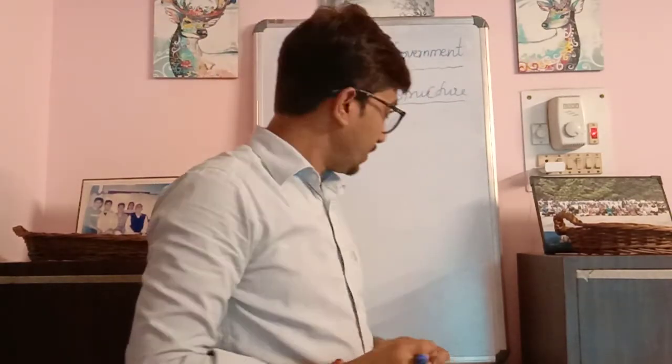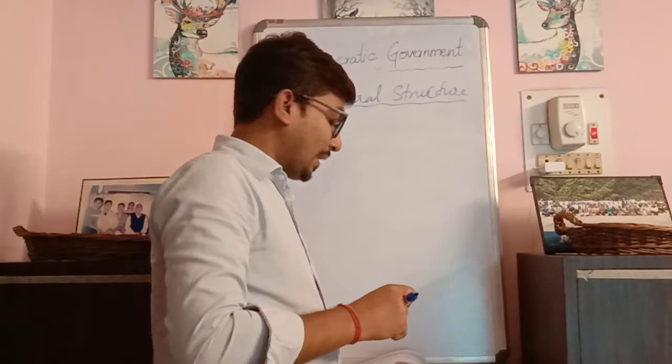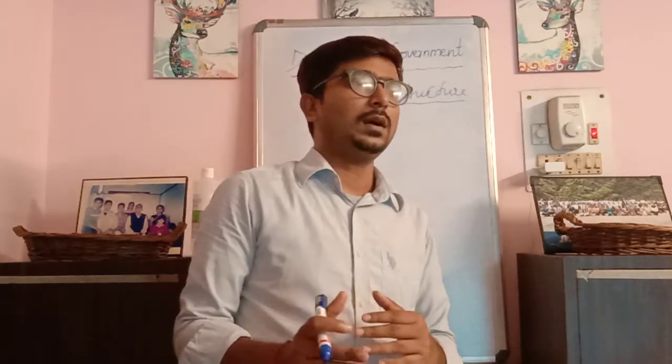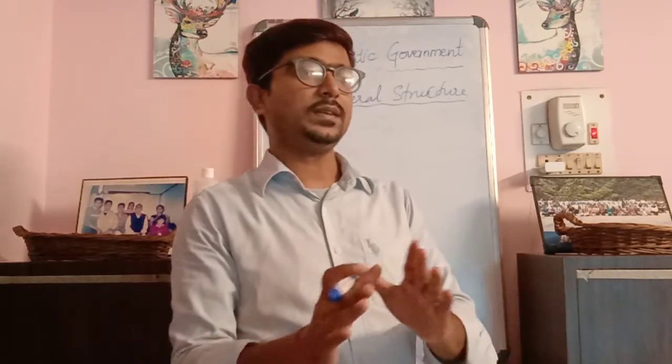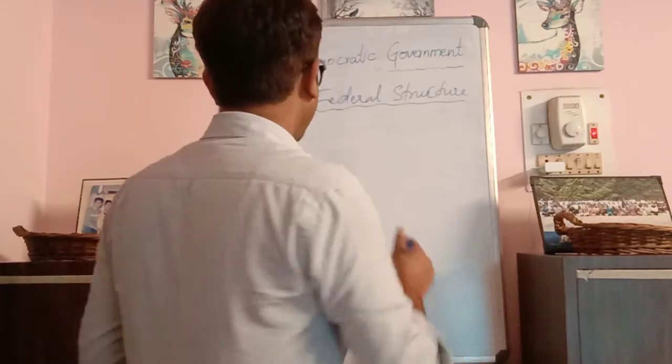Now this federal structure of government is a system, as I told you, where powers are divided between different parts of the government system, the central government and the state government. But there is one more part of powers that are enjoyed by both the central as well as the state government.